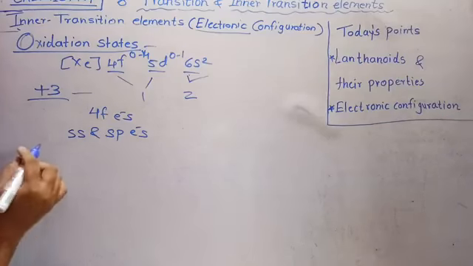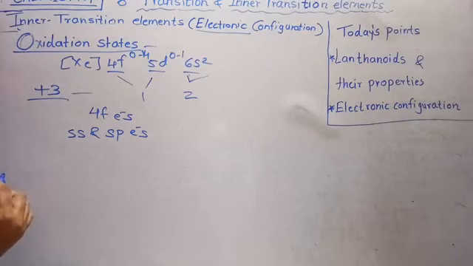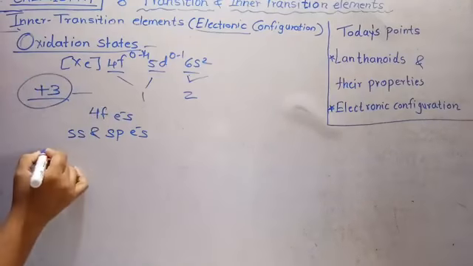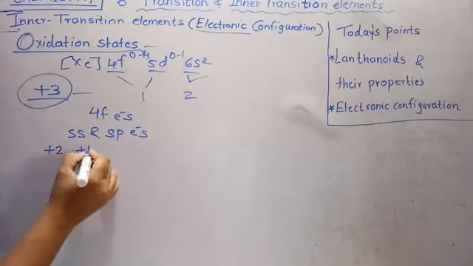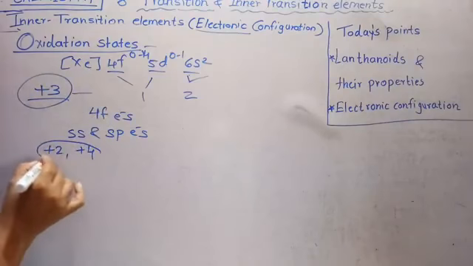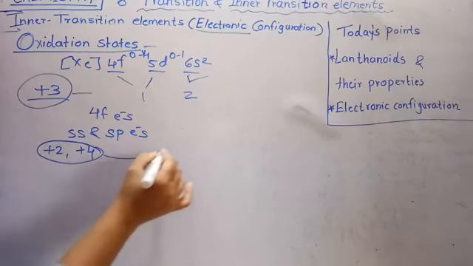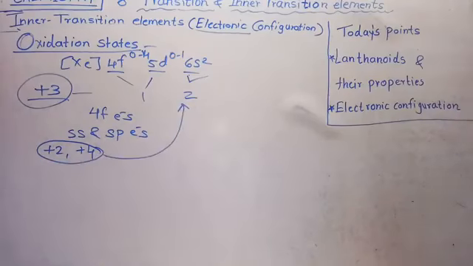Besides the +3 oxidation state, the lanthanoids show +2 and +4 oxidation states. The +2 is shown by the removal of 2 electrons from the 6s and +4 is shown by the removal of further electrons.